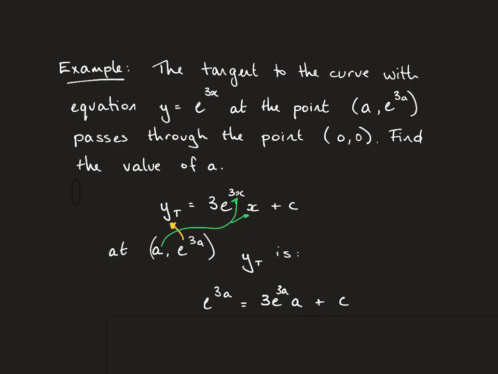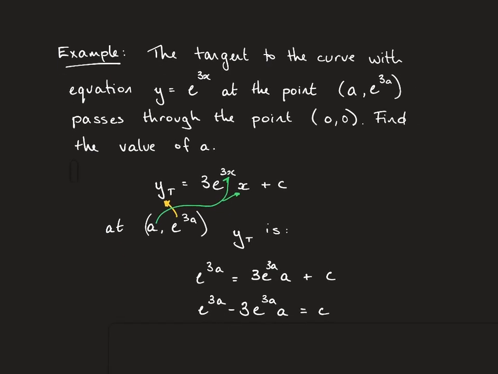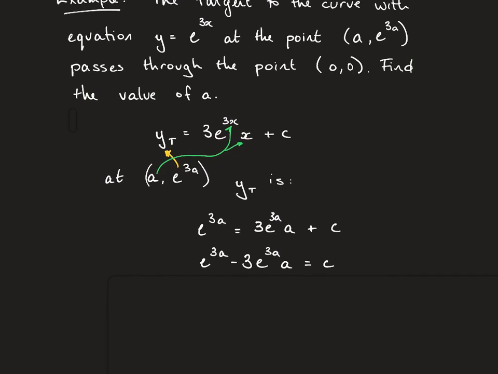Let's solve this to get c, and when we do, that's the value that we get for c. And so what we're going to do next is put that back into our equation, and now we have an equation for the tangent that we can use.